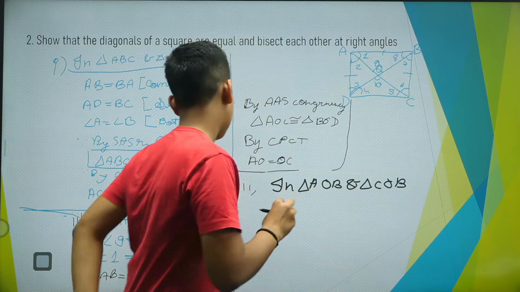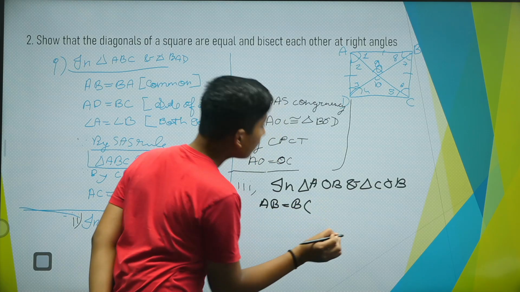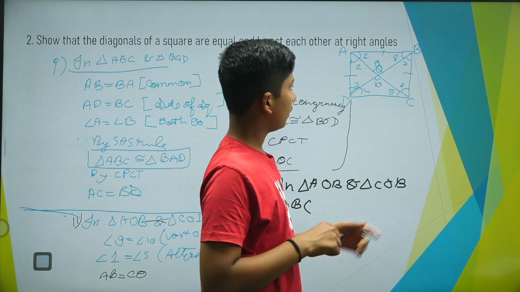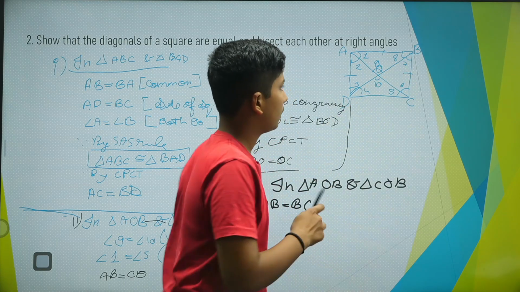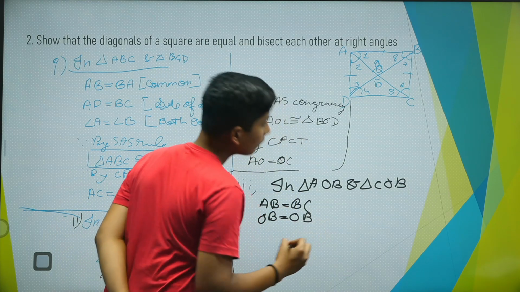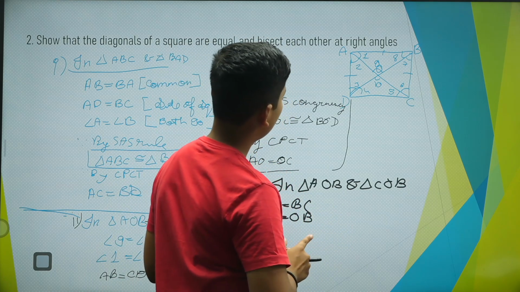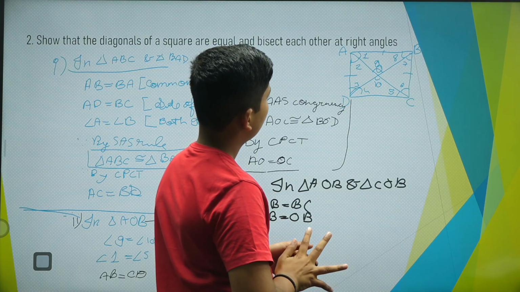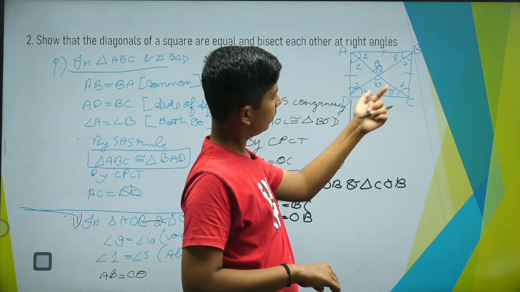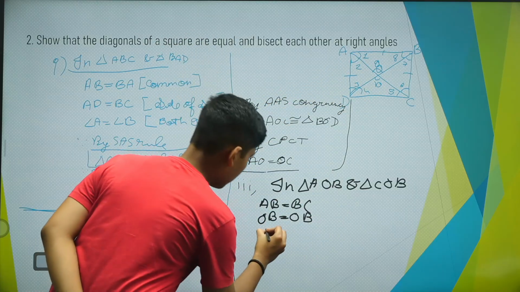Because AB equals BC. AB equals BC. These two sides are equal. And what else can we see? Equal. Yes. OB equals OB. Okay. And at last what can we see? This is equal. Yes. We can see that angle 1 equals angle 6.